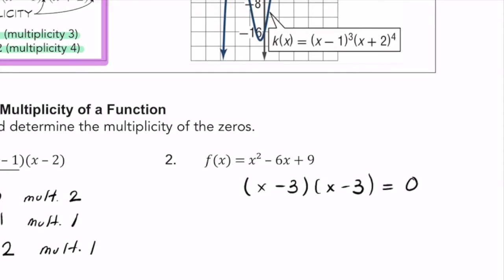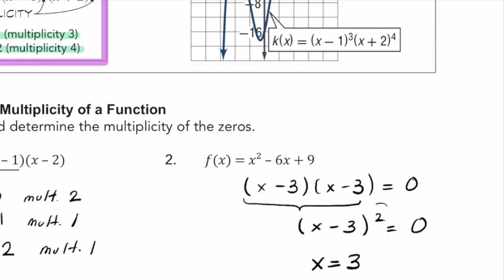Because we have 2 of the exact same factors, we can rewrite this as x minus 3 in parentheses squared equals 0. If I set that factor equal to 0, we know that x equals 3. This factor happens 2 times, so the multiplicity is 2.